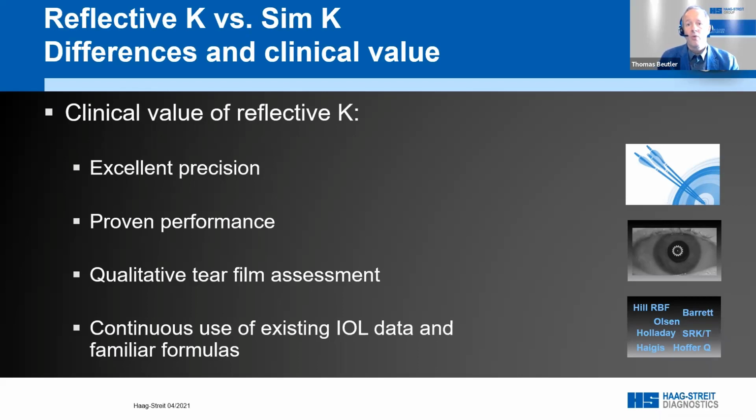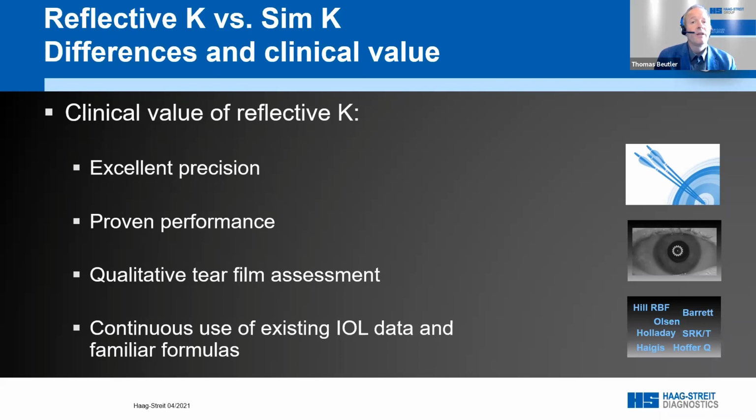You also get a qualitative tear film assessment. In the Eyestar, you actually get both the qualitative tear film assessment from the reflection points in the video stream, and you can also see direct feedback from the unit on the stability of the tear film in the measurement values itself. And you can go ahead with your IOL calculation formula of choice.